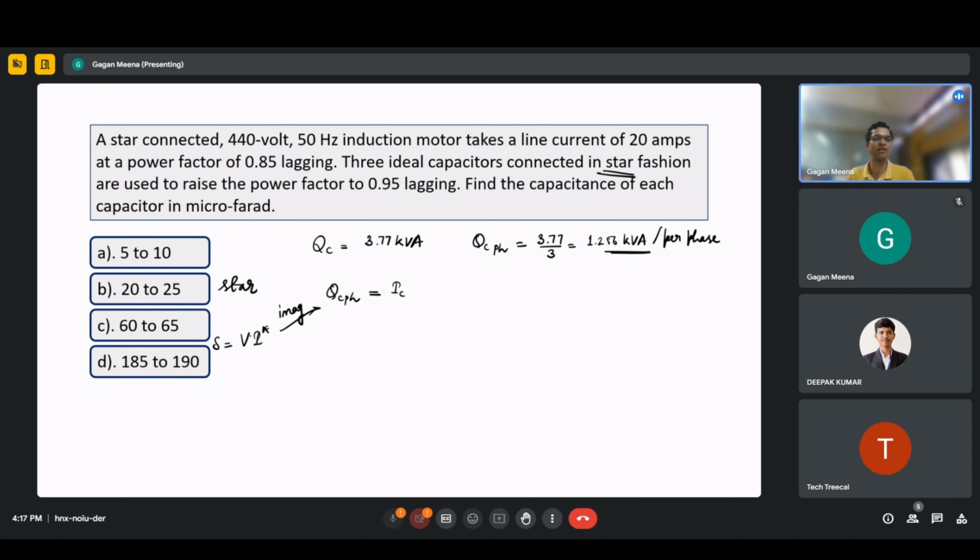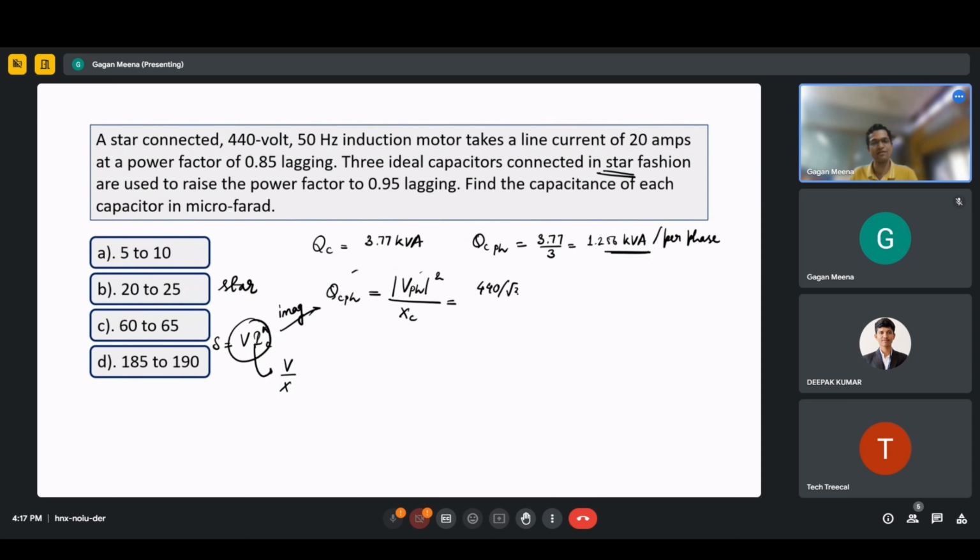For this, you need to calculate IC first. But can we directly calculate without using current? You can use this also. Sir, it will be V squared by XC. So QC equals V phase squared by XC. QC we know, V phase we know. Line voltage is 440.